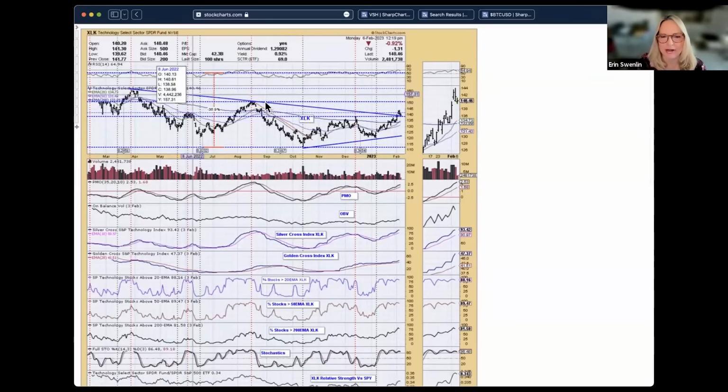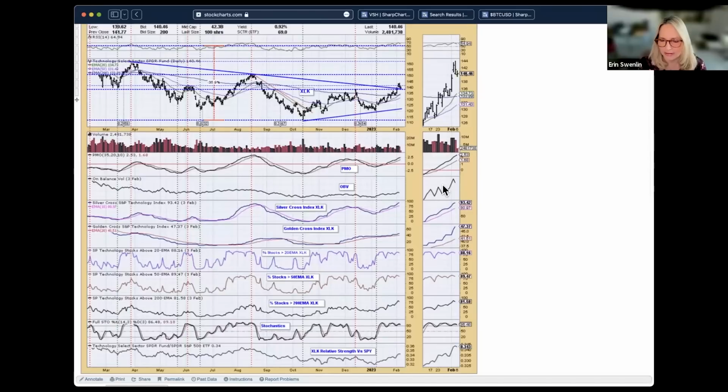We have that breakout from the longer-term declining trend. We're getting the textbook pullback after the breakout, and PMO looks good. It's getting on the overbought side, I would definitely say, but we have seen it reach higher readings before. RSI is still positive.